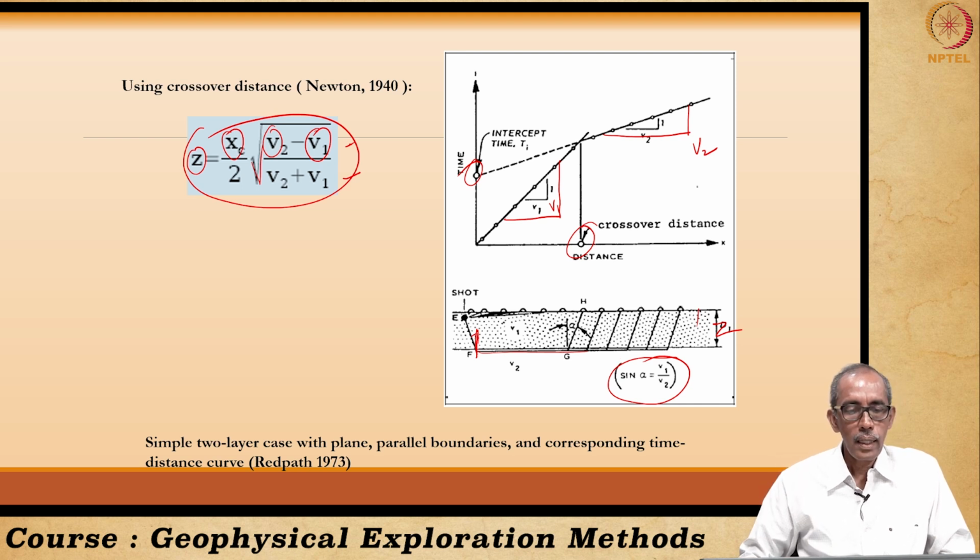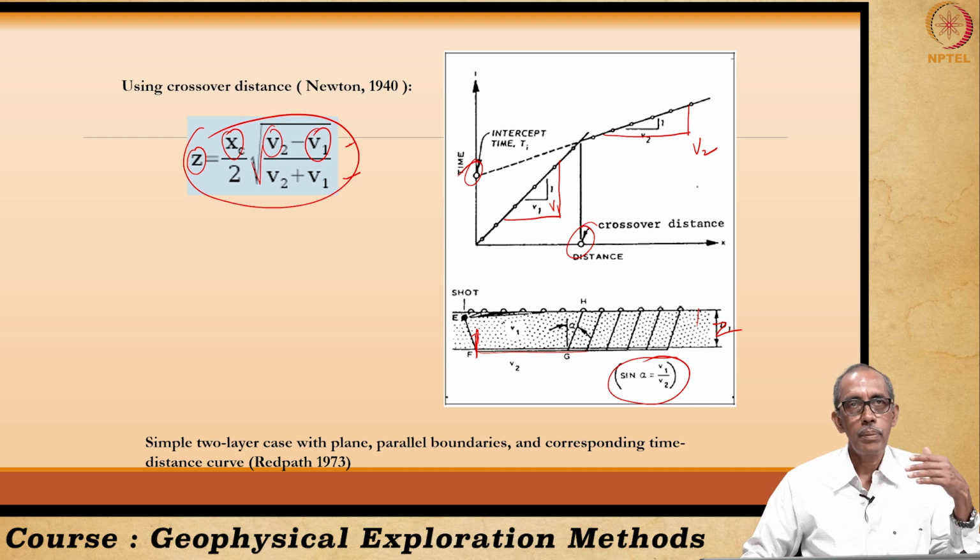Now, there is also another way to calculate the depth, as we had seen on the previous slide. The relationship has been worked out with respect to the crossover distance as well as the intercept time.